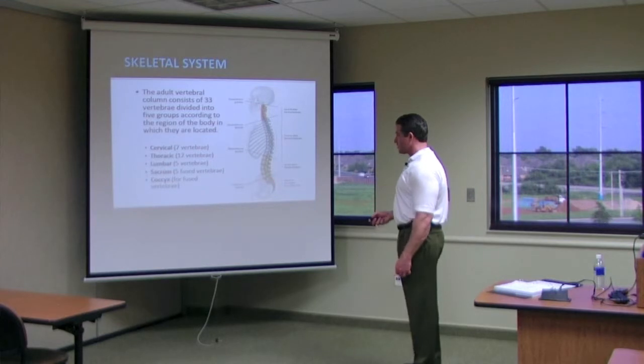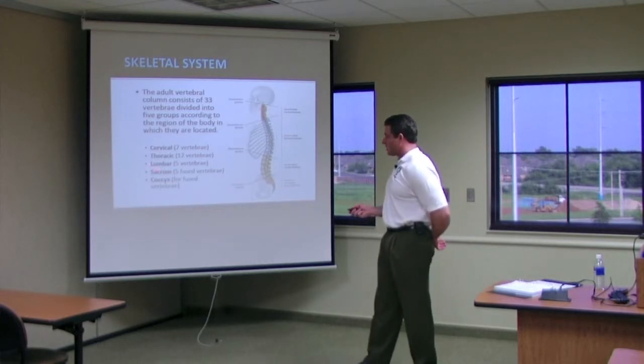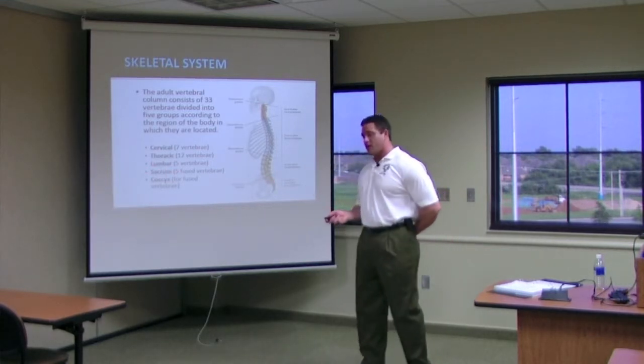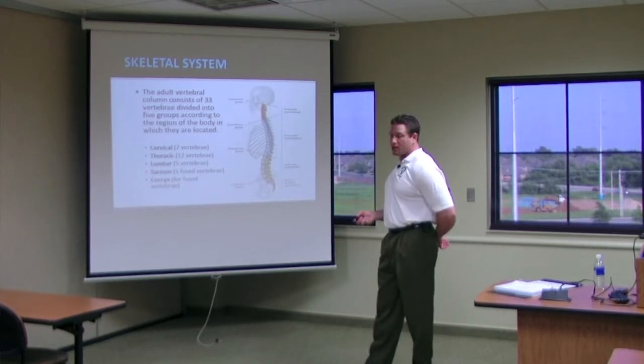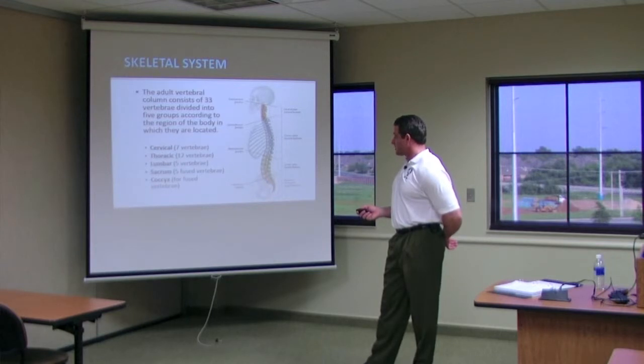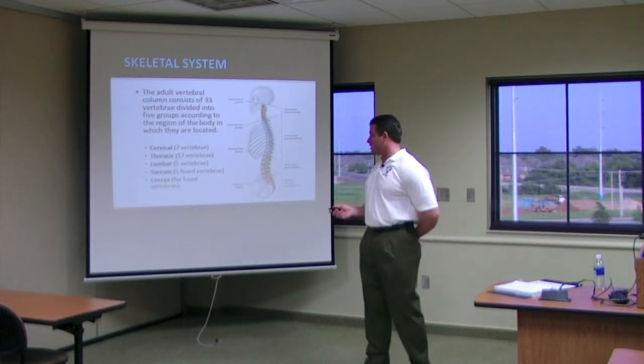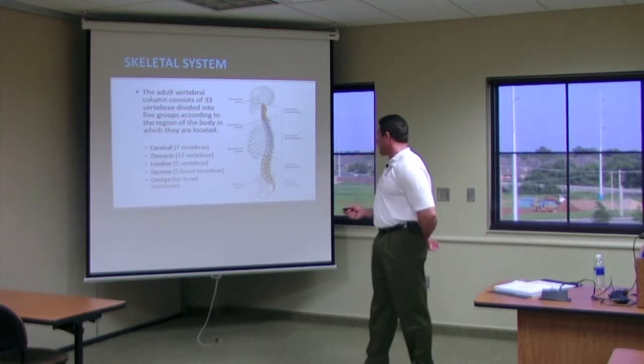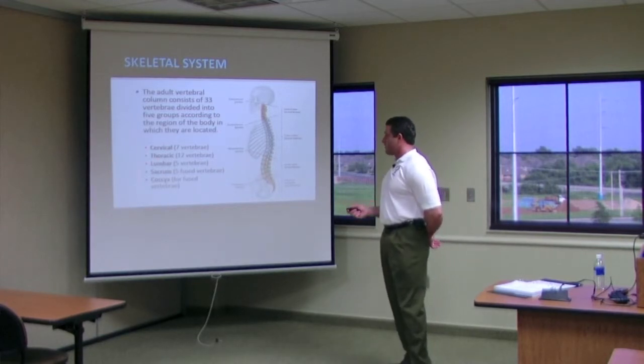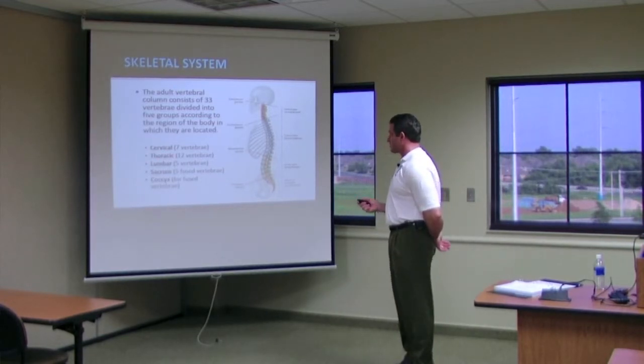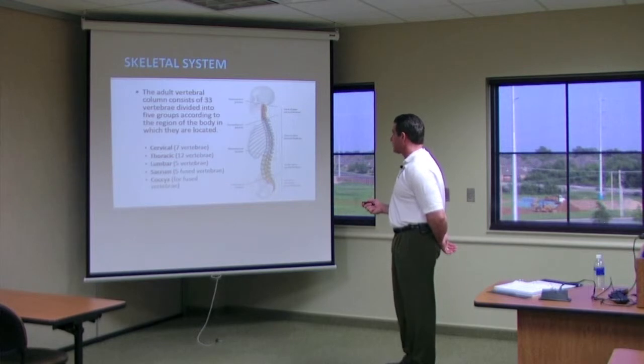You see a lot of injuries there where the lumbar and sacrum connect. With lower back injuries, a lot originate in that area. And then your coccyx, which is your tailbone, in other words, and they are fused vertebrae. So be familiar with these 5 sections of the spine in terms of the axial skeleton.